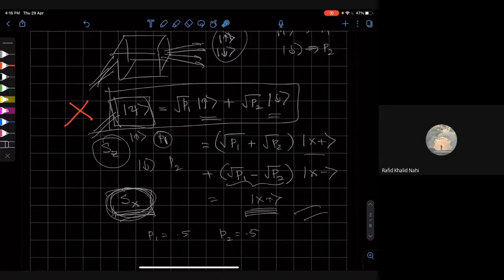But remember that in this example, when we were doing the SZ measurement, we got 50% up, 50% down. But when we do the SX measurement here, we would get 100% up and 0% down. So what I was saying is, this just doesn't qualify as a vector? If it was a vector, then it should give the same value. No, this is a vector, right? If I'm measuring in the Z basis, then I think your statement is a little too reductive.